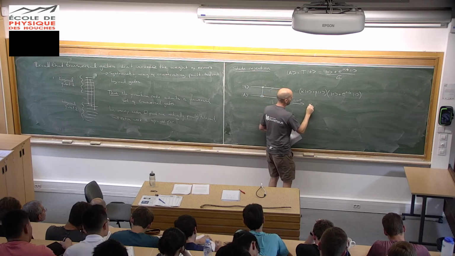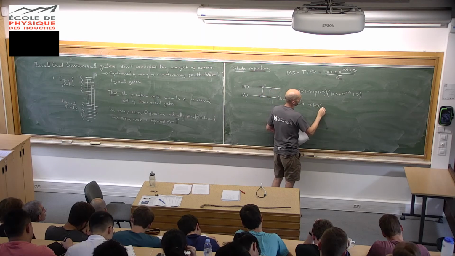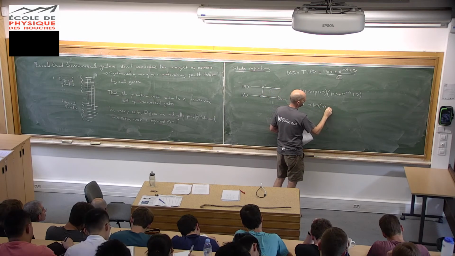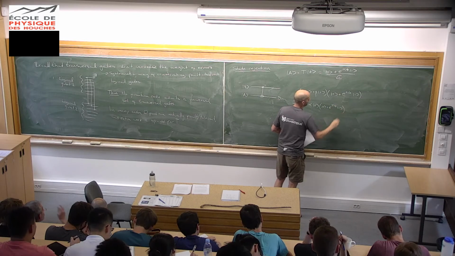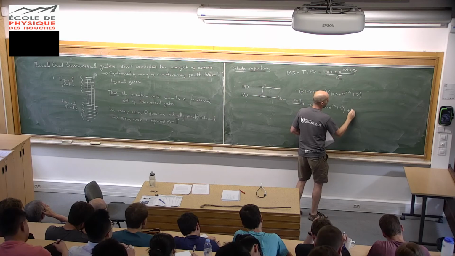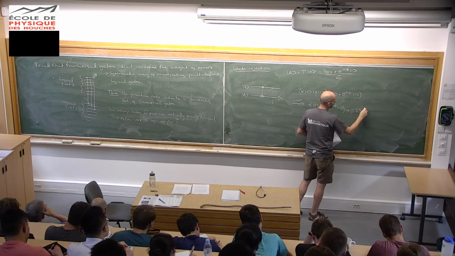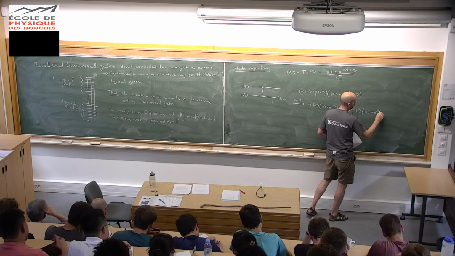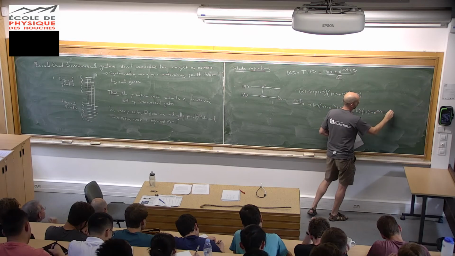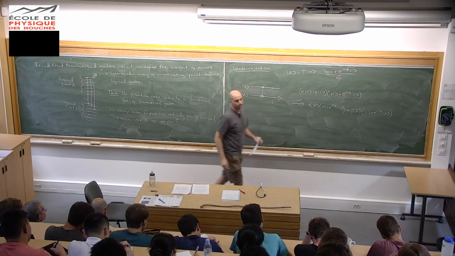So we get alpha 0 (0 plus e to the i pi over 4 1) plus beta 1 (1 plus e to the i pi over 4 0). This is what the CNOT does.